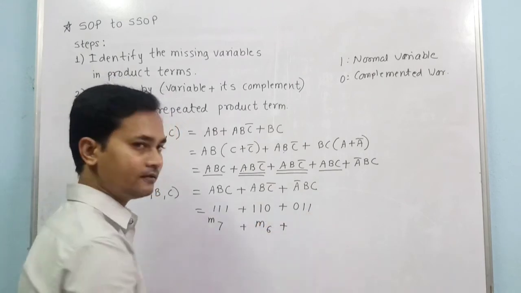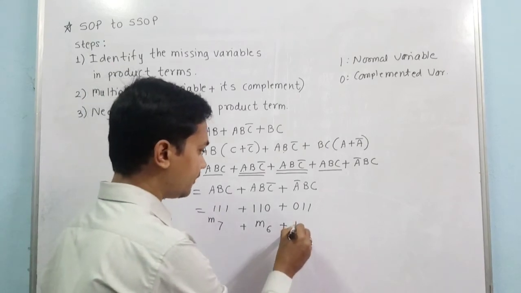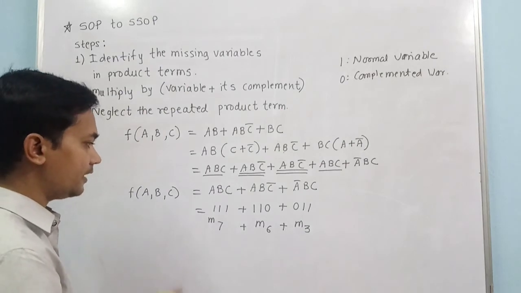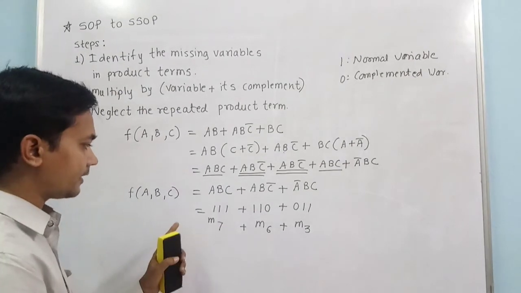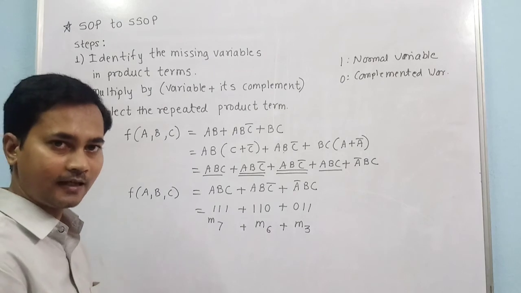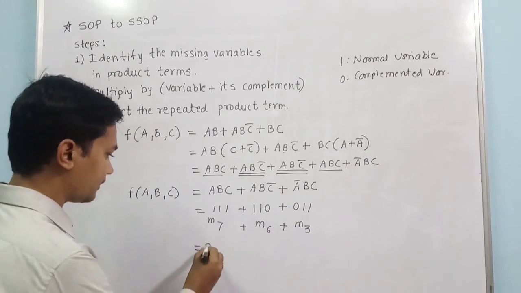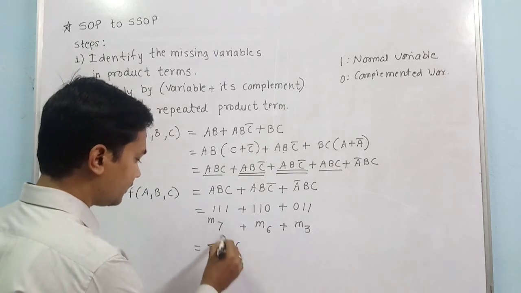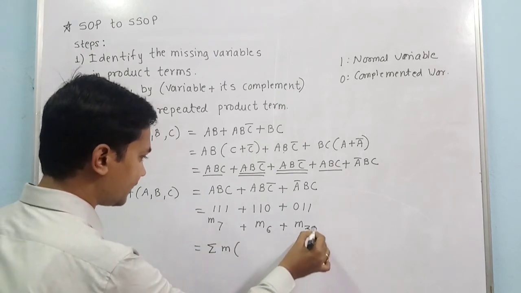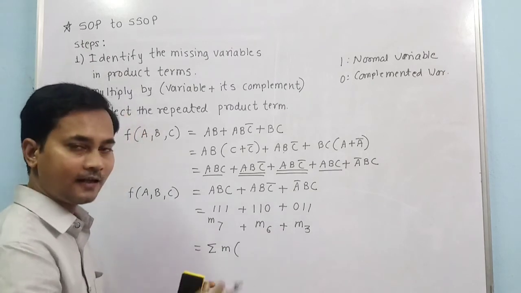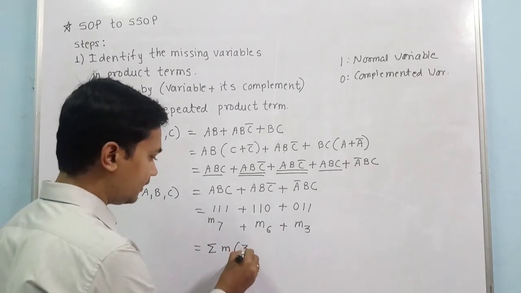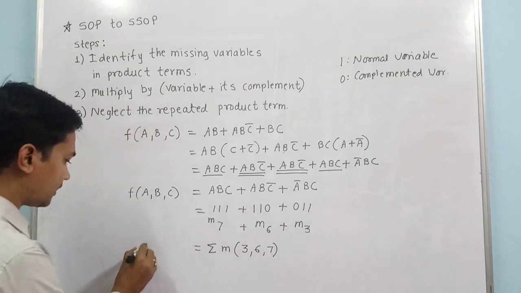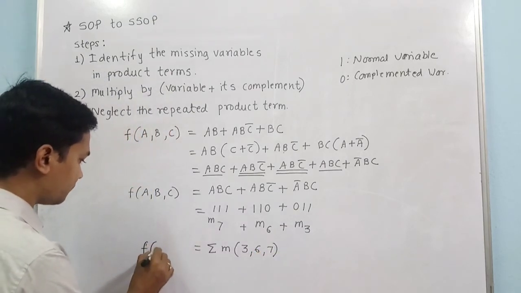Then 011 means 3 in decimal, so m3. In short form, this standard SOP form can be written as summation of small m. Now 7, 6 and 3 can be rearranged in ascending order as 3, 6 and 7. So this is our standard SOP form.